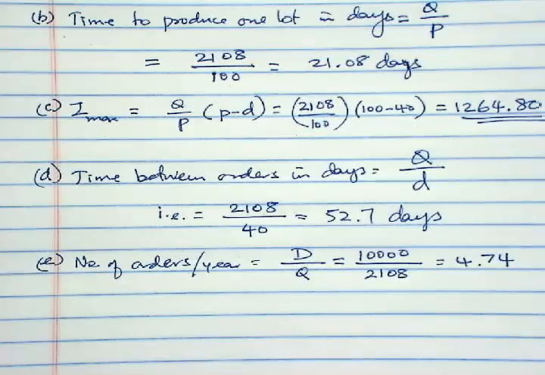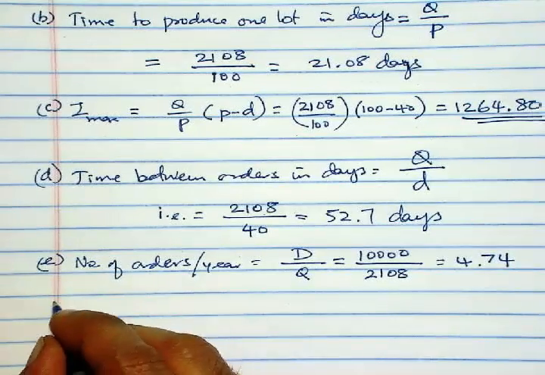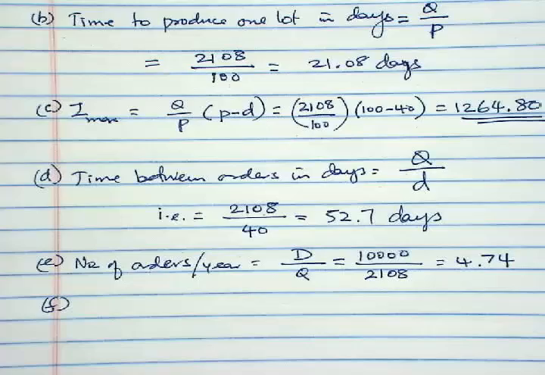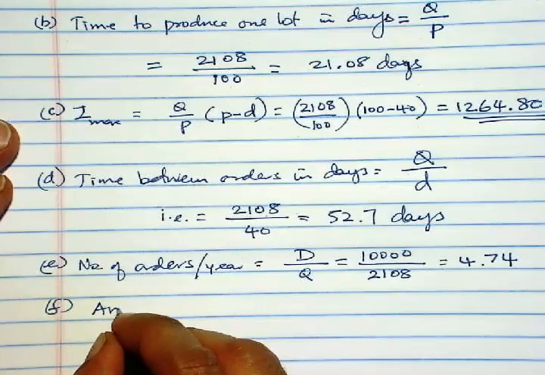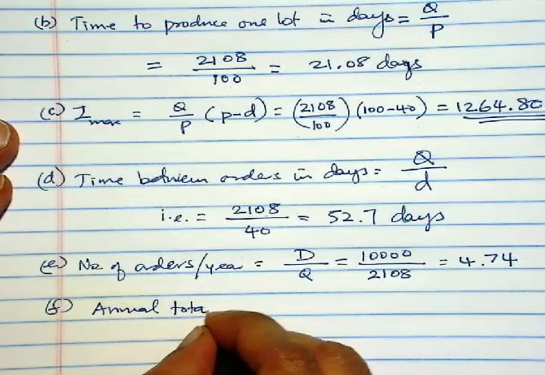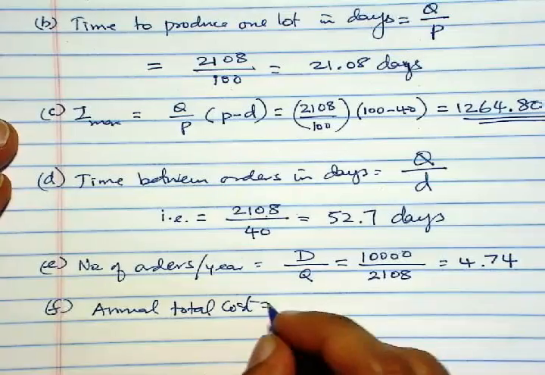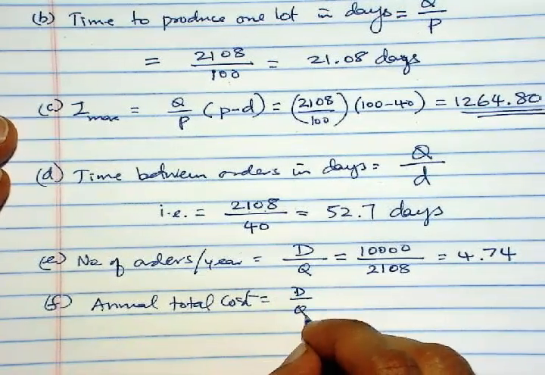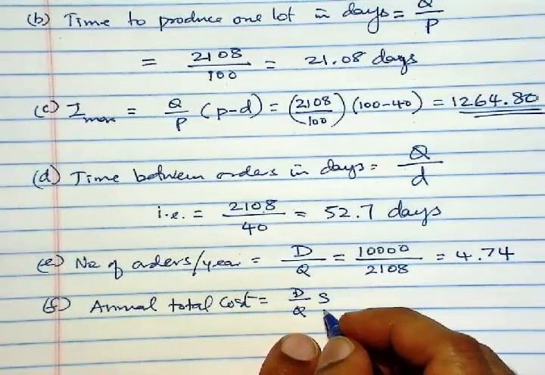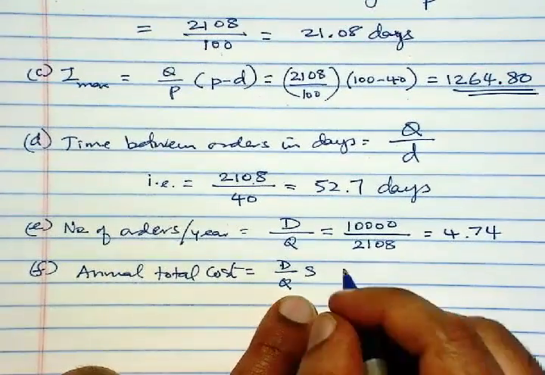And then finally we need the total cost, annual total cost. So here that would be annual total cost is given by the annual ordering cost. So annual ordering cost is number of orders times S. This is exactly same as in the case of economic order quantity.